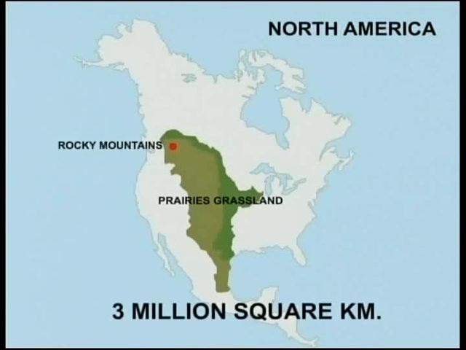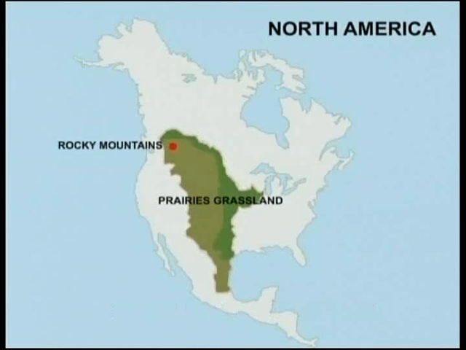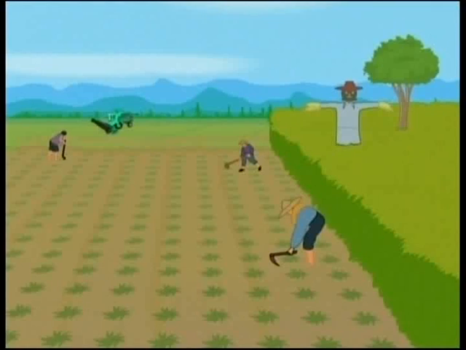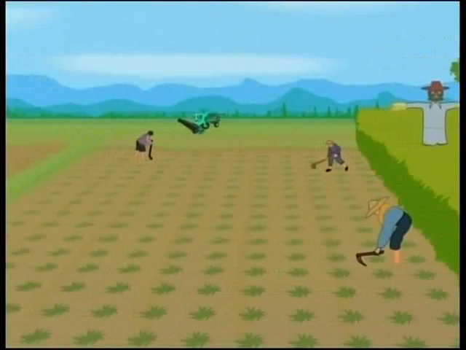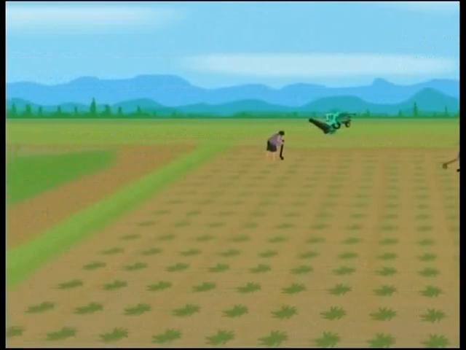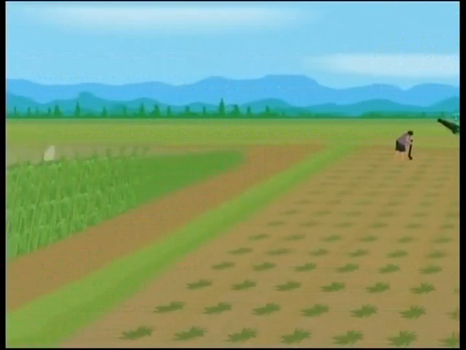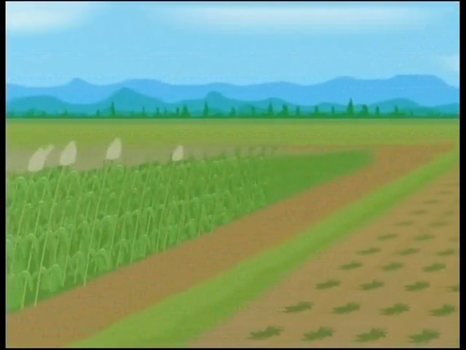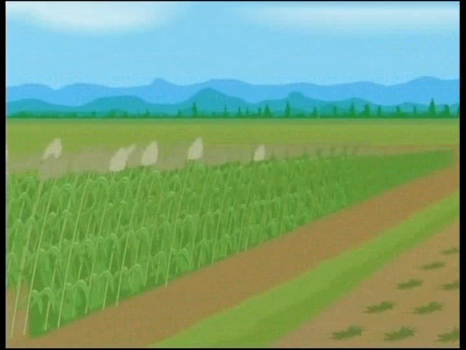The prairies region covers an area of about 3 million square kilometers. Wild prairie once covered most of North America and some Canadian provinces. These windswept lands now form one of the world's biggest farming regions, creating North America's gigantic wheat belt.